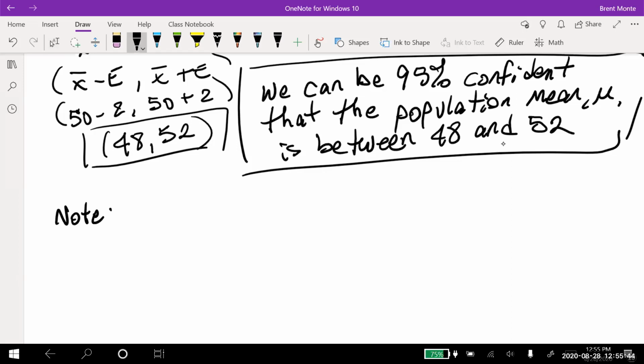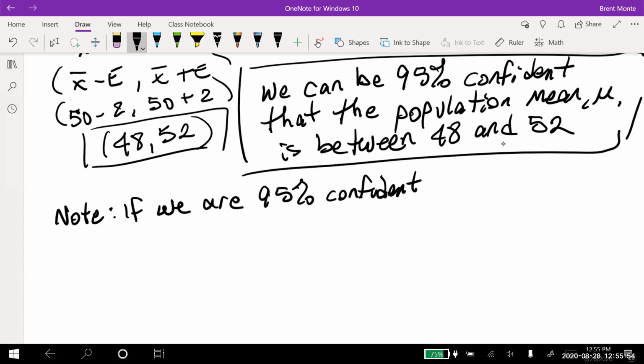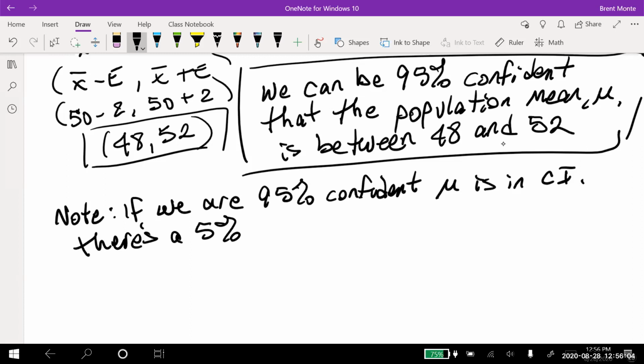Note, if we are 95% confident mu is in the confidence interval, CI, there's a 5% chance, the rest of the 95 to get up to 100, we are incorrect.